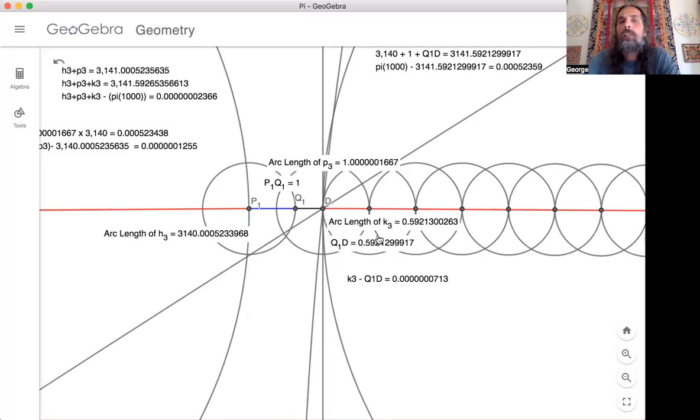It's the K3 minus the Q to D measurement, and that's 0.0000000713. Now, even if this was 3.144, I think the difference in the arc length is still going to be way over here in the digits. It's not even going to touch the 3.144 measurement, or the 3.141 measurement between the arc length.